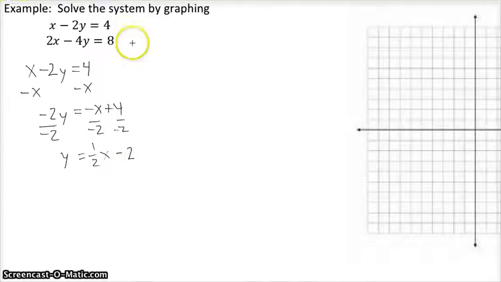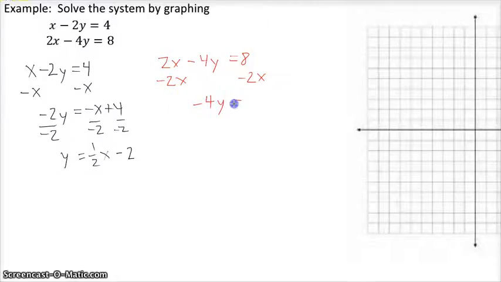Now I'm going to do the exact same thing for the next equation. So I have 2x minus 4y equals 8. I'm going to subtract 2x to the other side. Now I still have a negative 4y, and it's equal to a negative 2x plus 8.